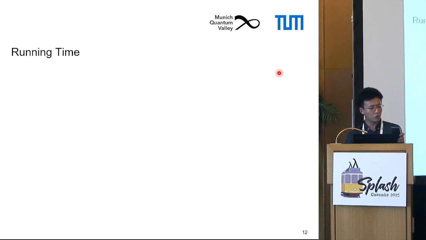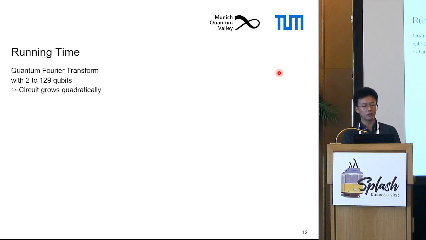We also wish to show that our optimization can run very efficiently. To test this, we choose the circuits for quantum Fourier transform with qubit numbers 2 to 129. The reason for that is that the number of gates in this set of circuits grows quadratically with the number of input qubits.